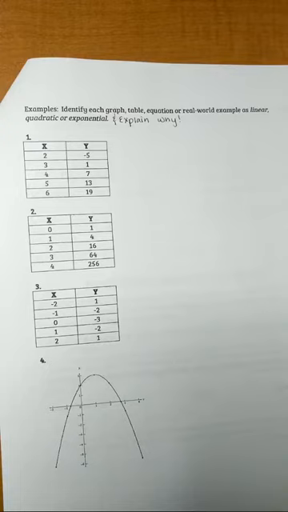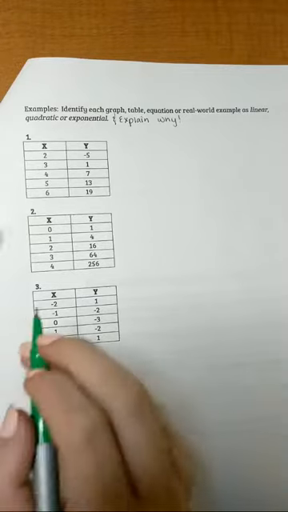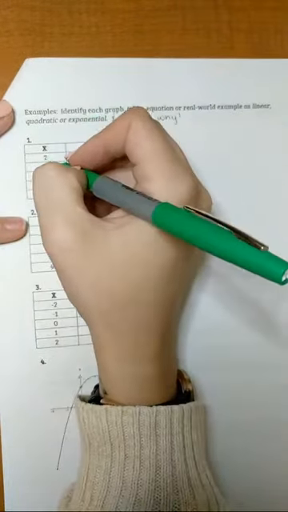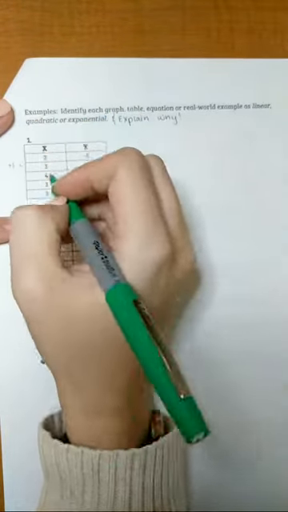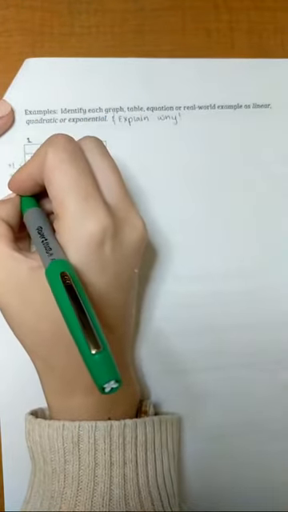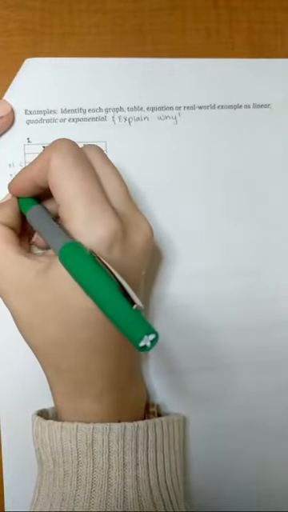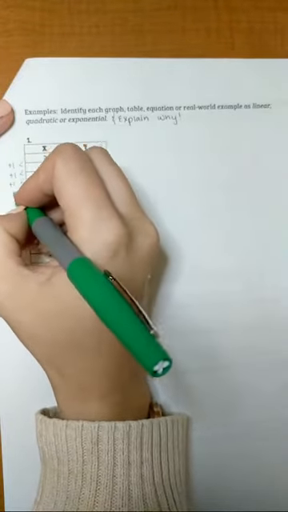So, if they are linear, remember back from our introduction video that they are going to have a constant adding or subtracting rate in both the x or y values. So, just looking at my x values, to get from 2 to 3, I'm adding 1. Adding 1, adding 1, and I add 1.